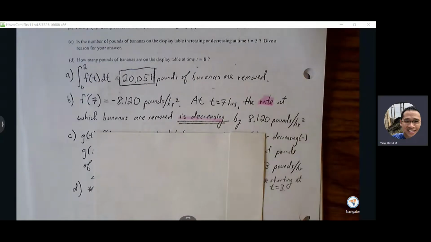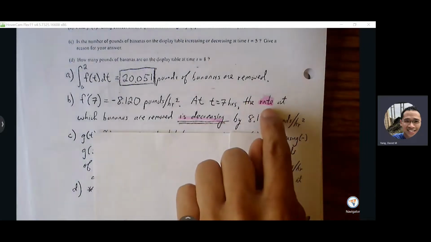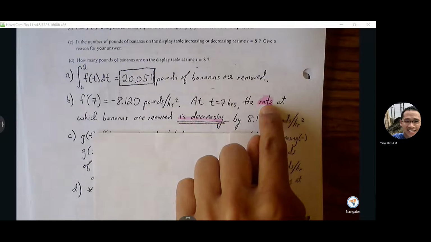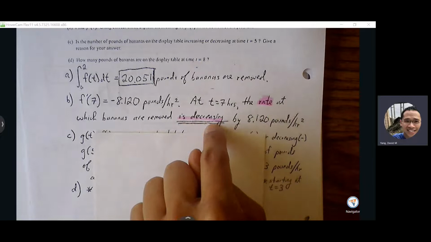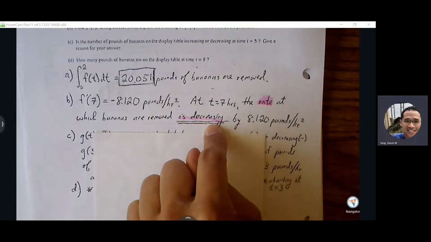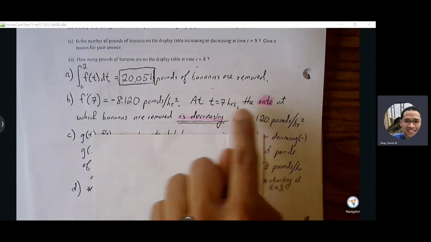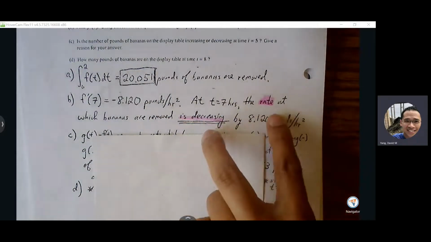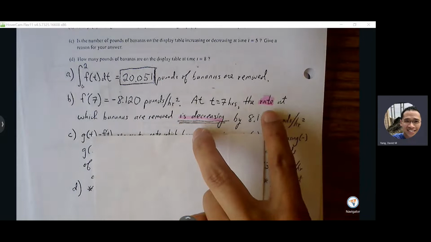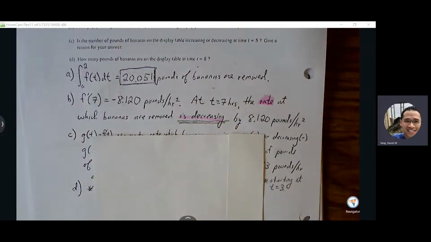That's how you can reference a second derivative or explain that you understand what's happening with that second derivative. You're talking about the rate is giving you that first derivative knowledge, and then is decreasing is that second derivative there. So the rate is decreasing, so that's what they're looking for to earn that knowledge and earn that point.